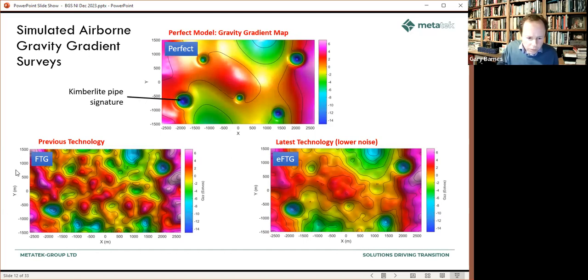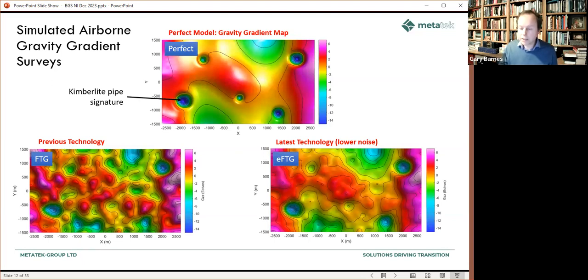In this case, we've simulated two different gravity gradiometer instruments, one known as the full tensor gradiometer and the other known as the enhanced full tensor gradiometer. The enhanced version is a later, more up-to-date version of the full tensor gradiometer.